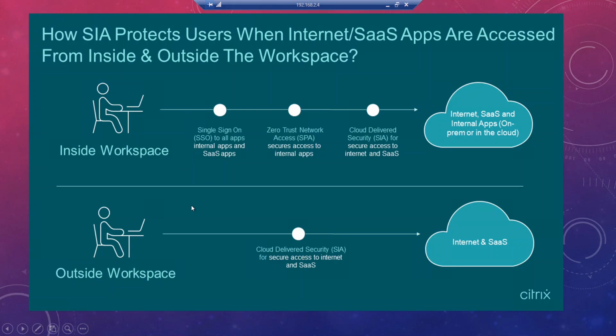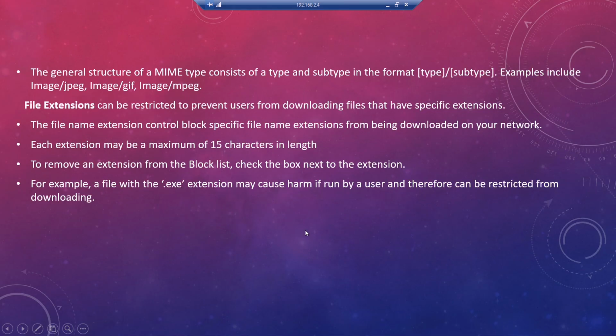If they're connecting from outside workspace, they have to go through this cloud delivered SIA, secure internet access, for secure access to applications, secure access to internet and software as a service applications. So this is inside workspace and this is outside. They have to go through secure internet access to access the applications.